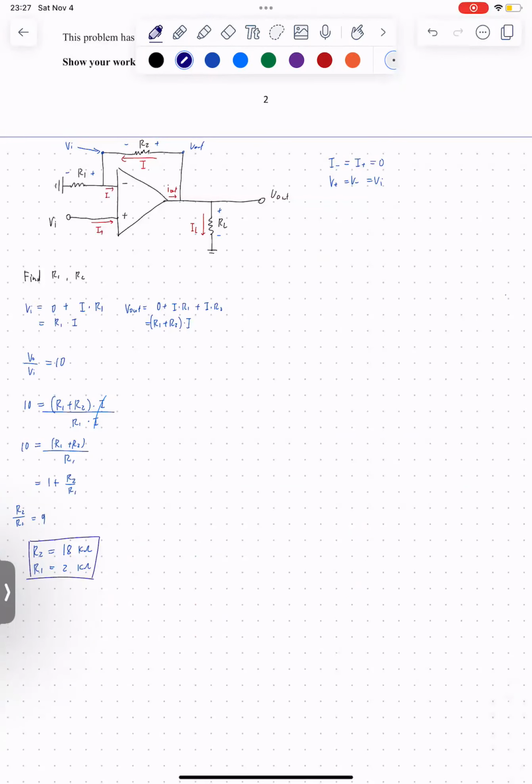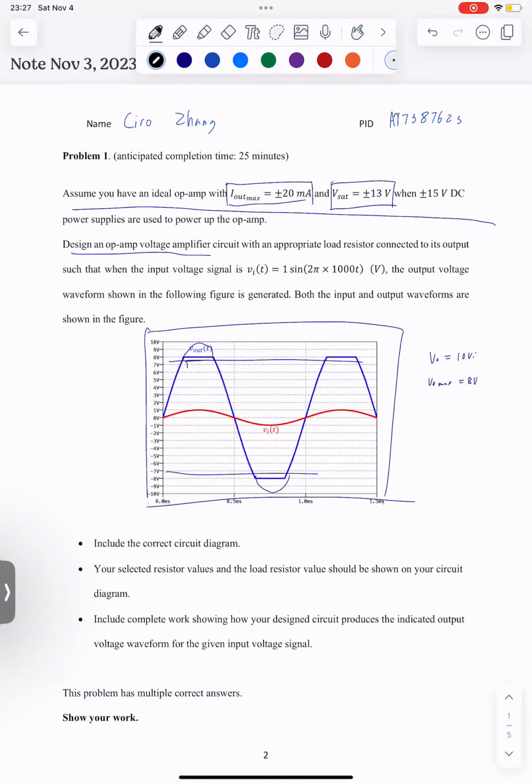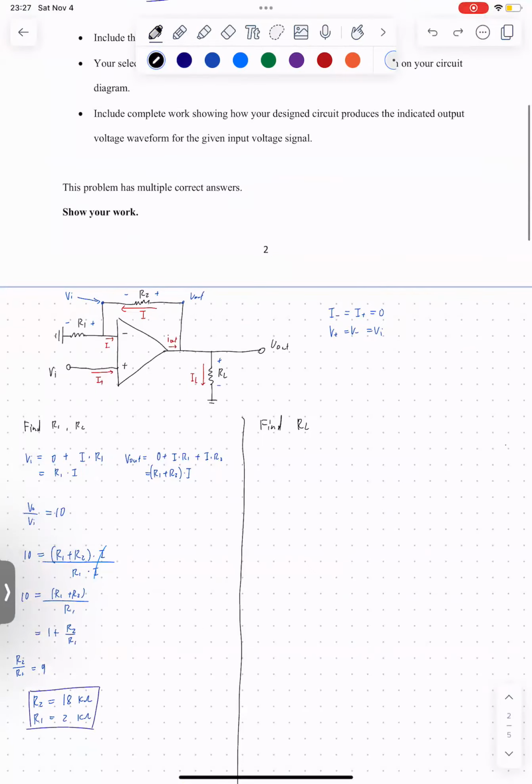But now we want to do the second part. We need to find a value of RL that will give us this clamp at positive and negative 8.